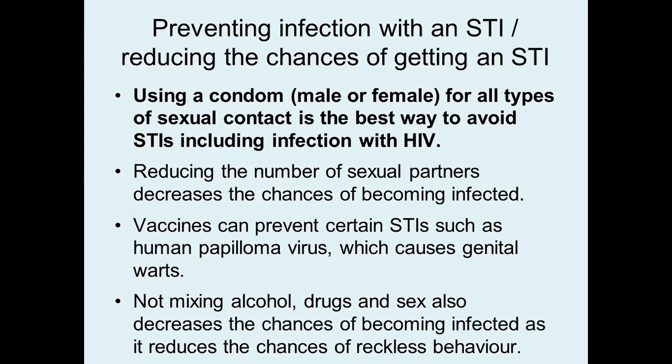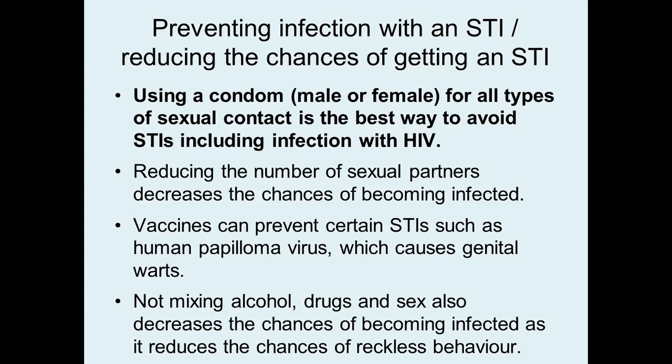So using a condom, male or female, for all types of sexual contact is the best way to avoid STIs, including infection with HIV. Remember that HIV is one of the STIs, although it's not always transmitted by sexual intercourse.